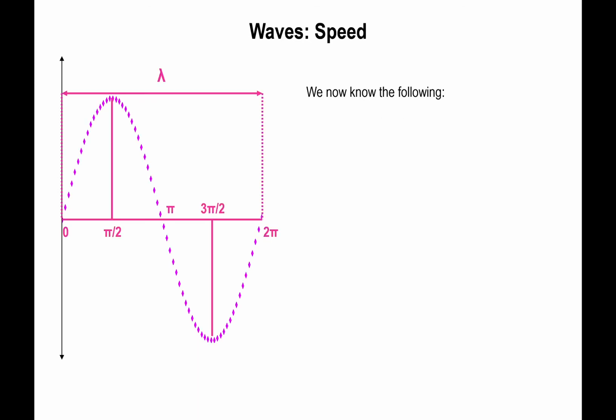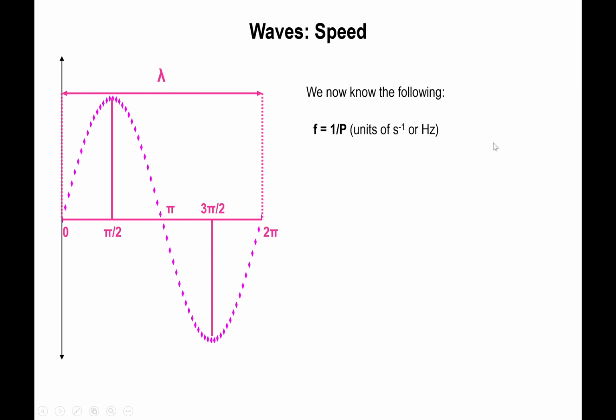Now, the one thing that I will test you on is this, the speed of the wave. As depicted, the frequency is 1 over time, right? 1 over the period. So we have 1 over time, or seconds to the negative 1. Oftentimes we refer to seconds to the negative 1 as hertz. Those two units are the same thing.